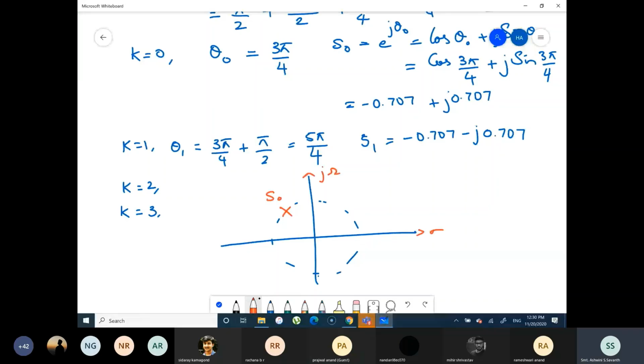Then for k equals 1, minus 0.707 minus j 0.707, it will be here. This is your S1. So 2 poles we found out. Similarly, if you had found out k equals 2 and k equals 3, you will find the poles located here, S2 and S3.